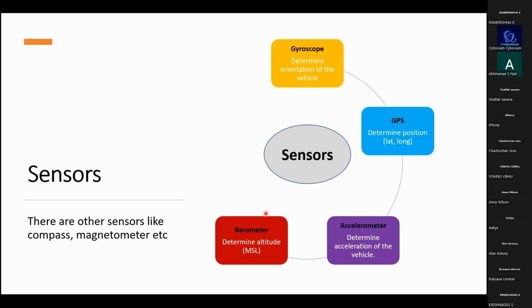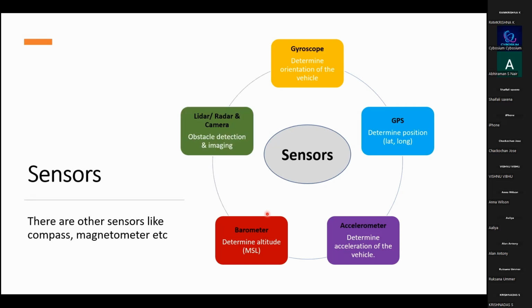Suppose the altitude is saying it's 1,000, but from the ground it's not 1,000, it's 1,000 minus 700, because our ground level itself is 700 meters. So now from the ground, the UAV is at 300, which is 1,000 minus 700 meters. So the UAV's above ground level height is 300 meters, which again gets calculated using the barometer or fusion data between barometer and GPS.